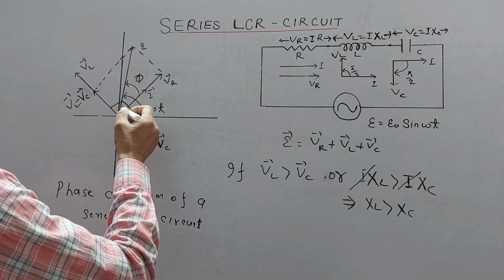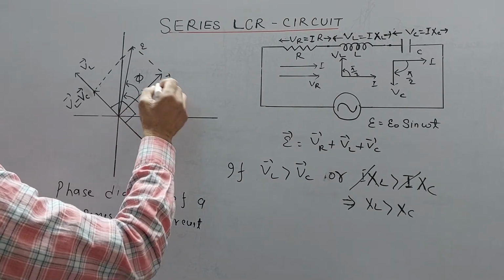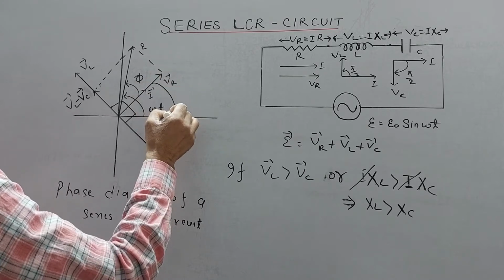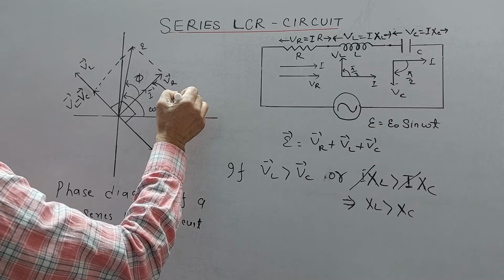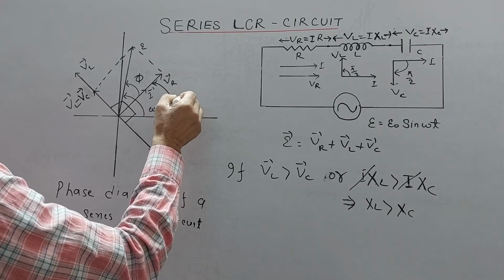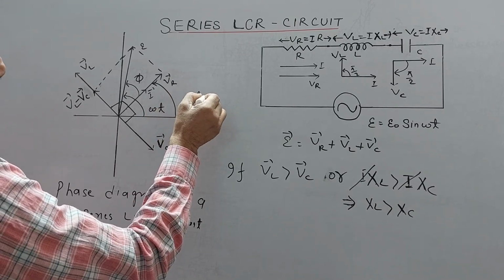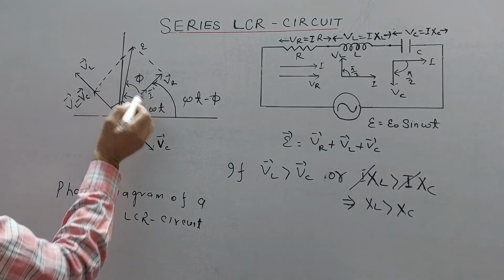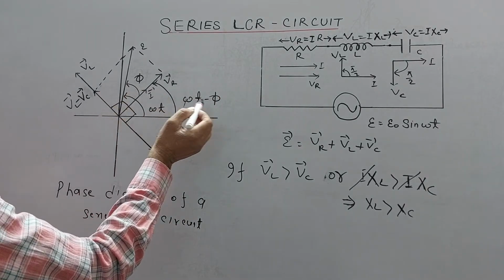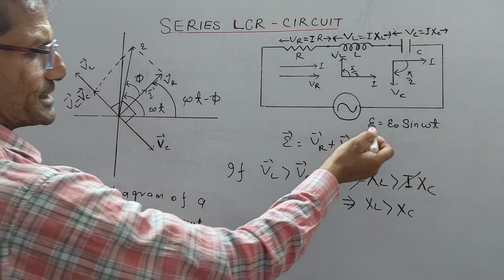Therefore the current will have an angle omega t minus phi. This is your omega t, this is your phi, therefore the angle becomes omega t minus phi.